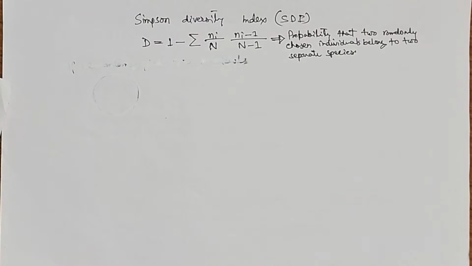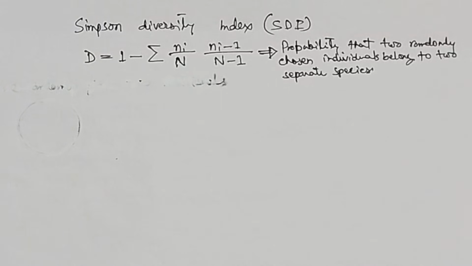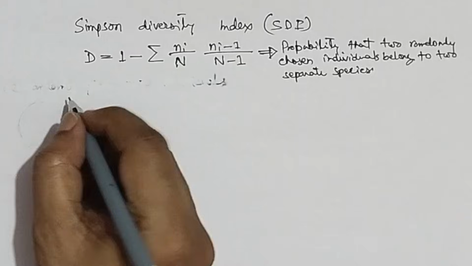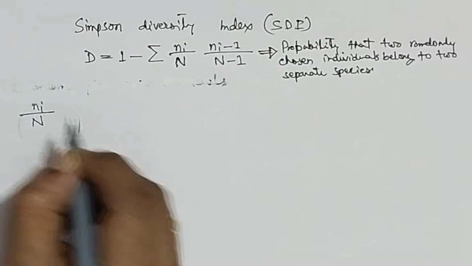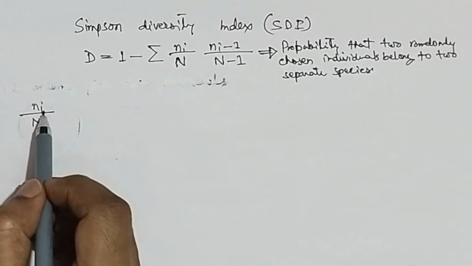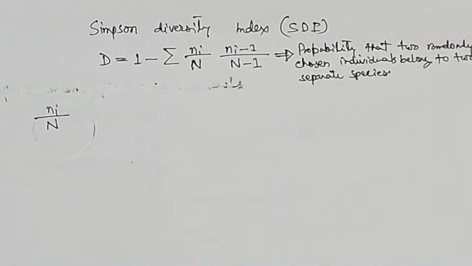So now, in a given study area, when we pick one individual randomly, without replacement, the probability that this particular individual belongs to a particular species is smaller ni divided by capital N. Smaller ni is the number of individuals of a particular species, capital N is the total number of individuals in the community.